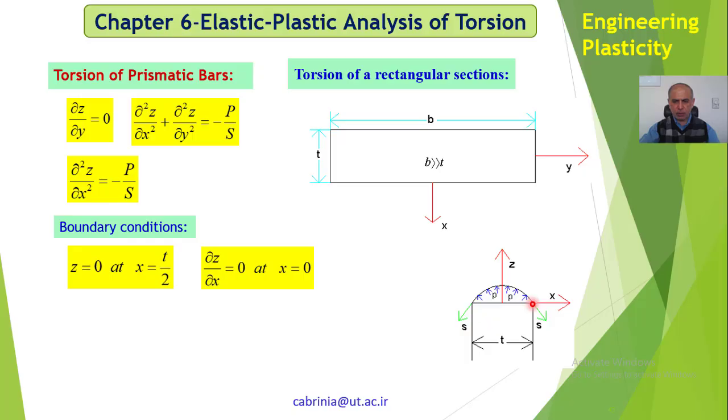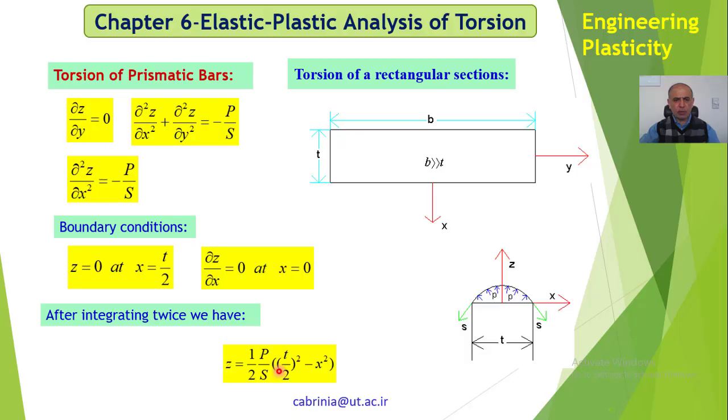It is fixed at this point. Also in the middle, x equals 0, the partial z partial x is 0 because the tangent at the top is parallel to the x-axis, so that is 0.